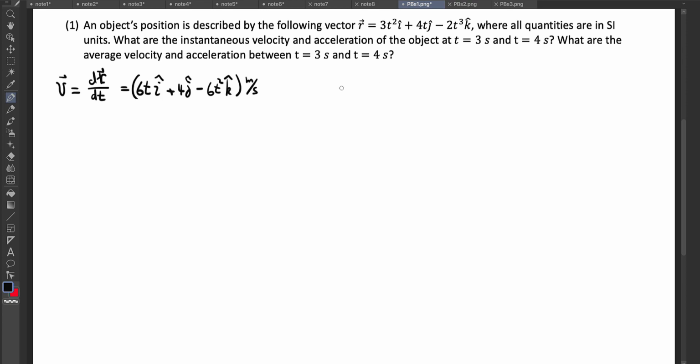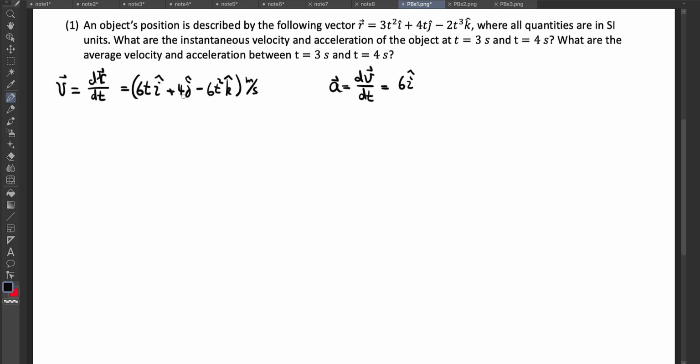And acceleration is the second derivative of r, and then the first derivative of v. So let's continue with this derivative with respect to time for the v. I start from here, and the first term will be 6 i hat.